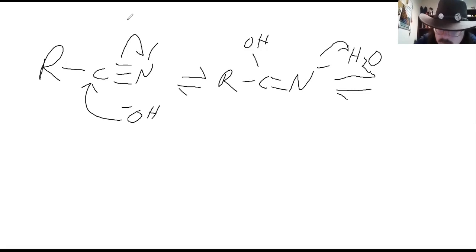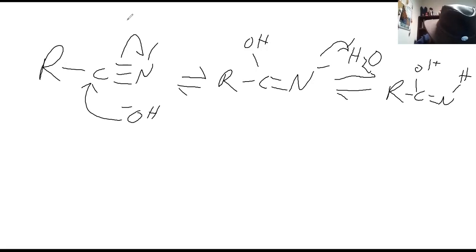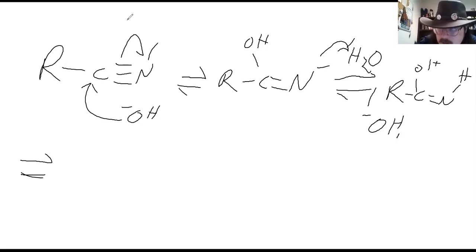So we formed a hydroxyimine and H. Now, in the presence of base, we are going to deprotonate one of those. Once again, reversible. If I deprotonate that, it's just going to get me back to there. So I have to deprotonate the other hydrogen.